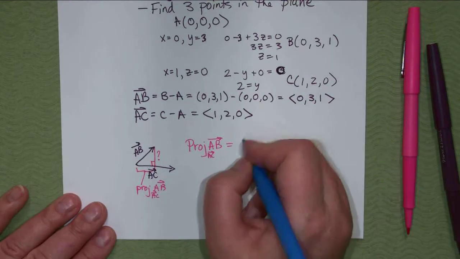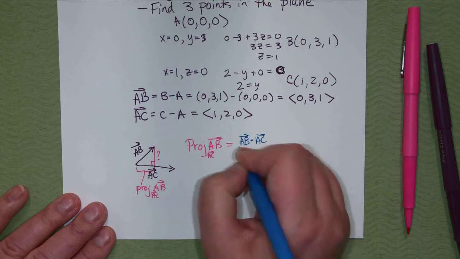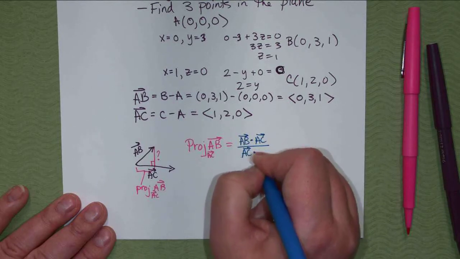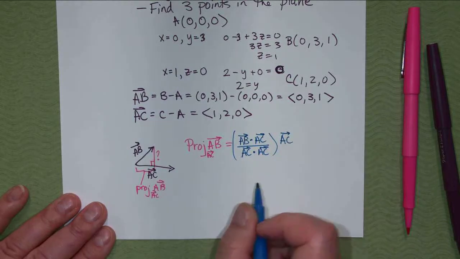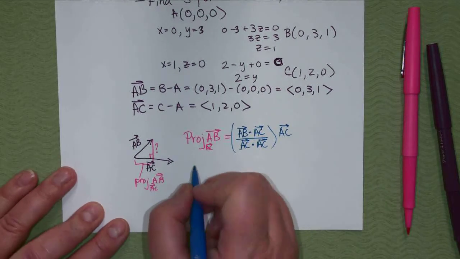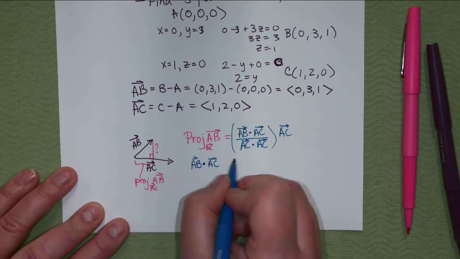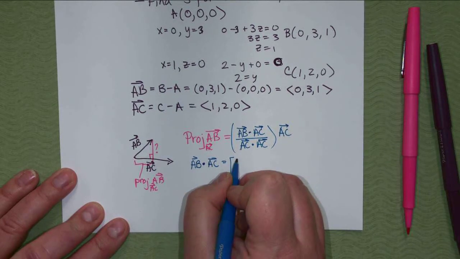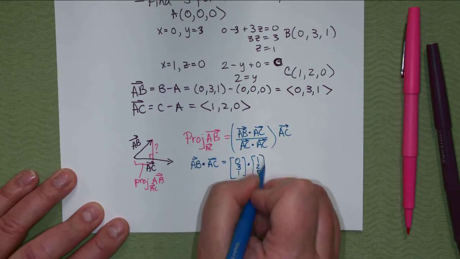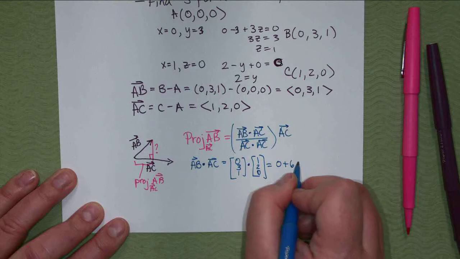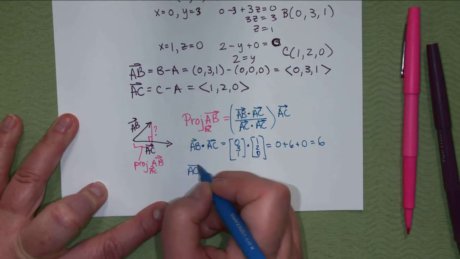This would be AB dot AC, since we're projecting onto AC, and then AC dot AC.